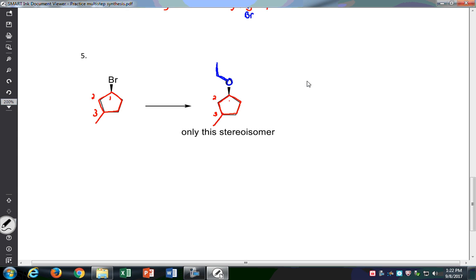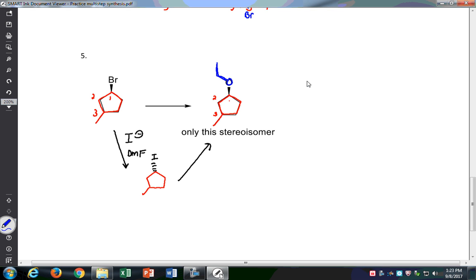How about we force an SN2 reaction, and then we force a second SN2 reaction?